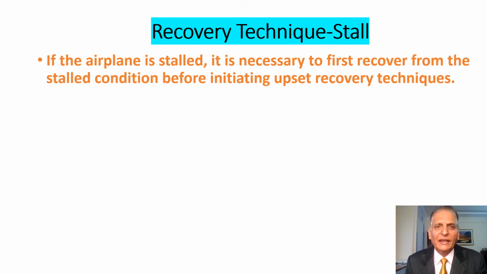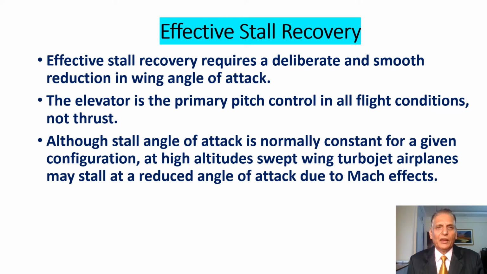If the airplane is stalled, it is necessary to first recover from the stalled condition before initiating upset recovery techniques. Effective stall recovery requires a deliberate and smooth reduction in wing angle of attack.